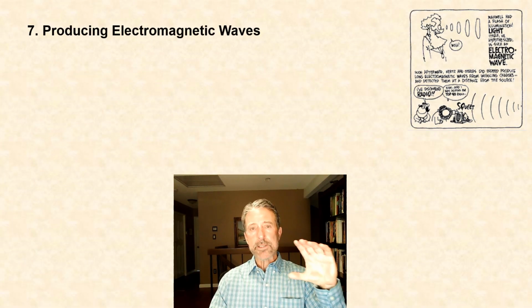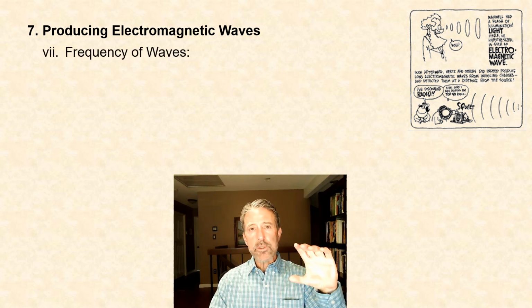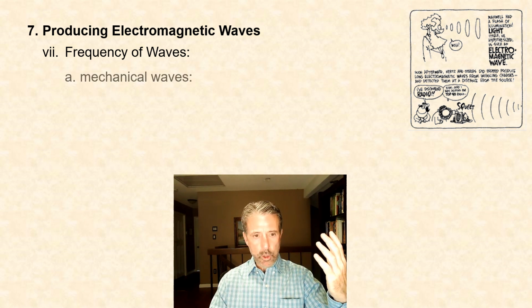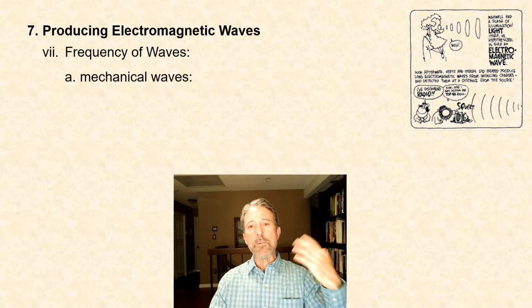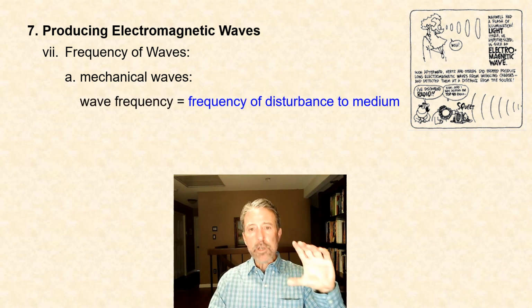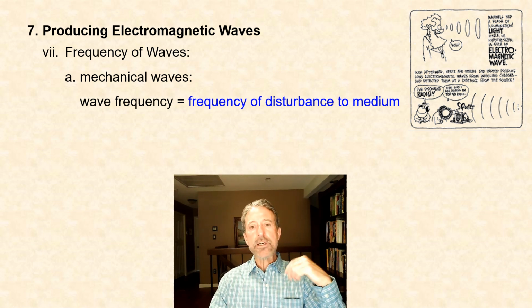Let's formalize a concept that we briefly introduced in the last slide related to the frequency of the electromagnetic wave that gets produced. We'll start by revisiting what we know about mechanical waves. For mechanical waves, the frequency of the wave created will exactly match the frequency of the disturbance to the medium that created the wave.